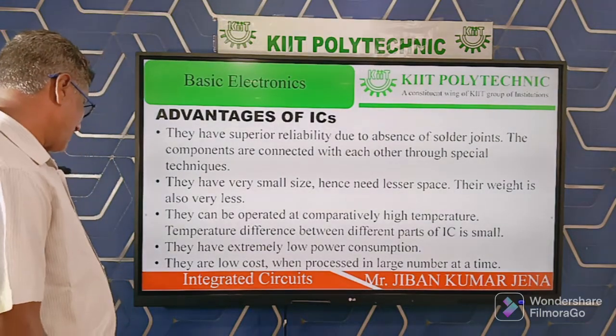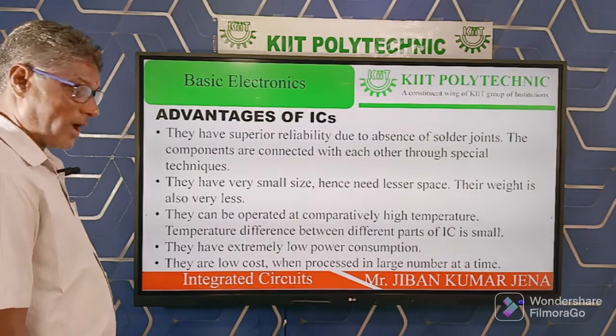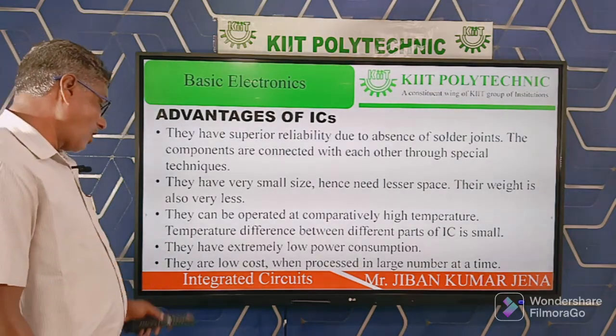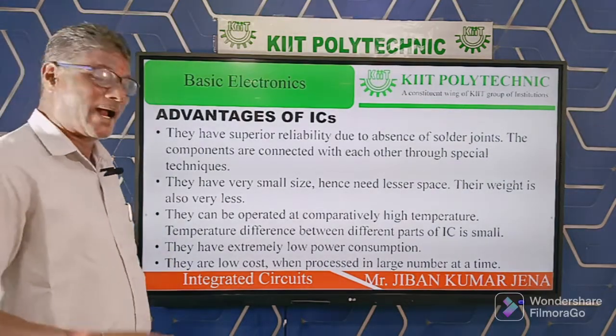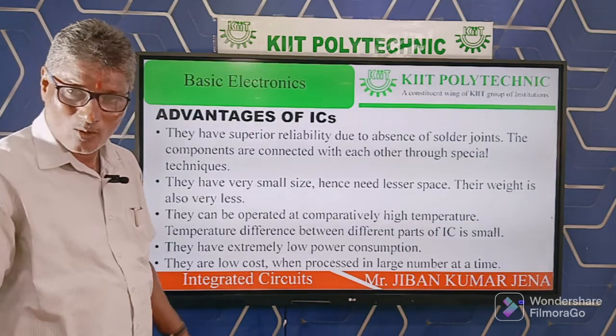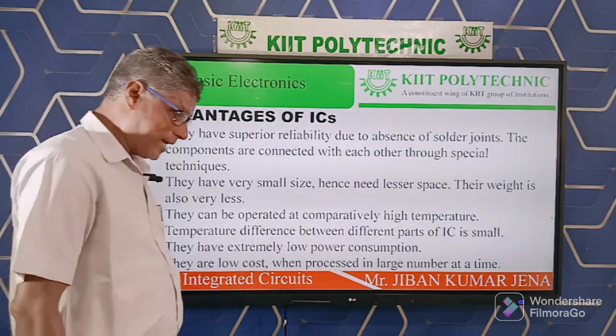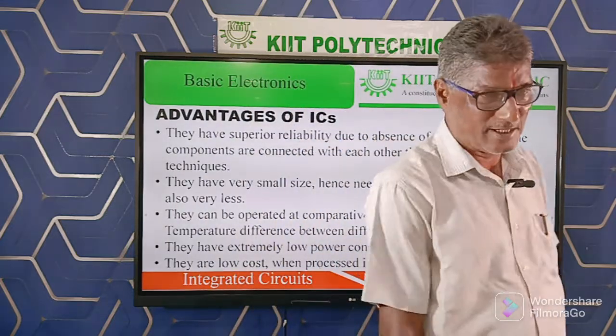Next, the last advantage or merit point of IC, that is they are low cost when processed in large numbers at a time. The cost is low whenever you are going to manufacture a lot of ICs.